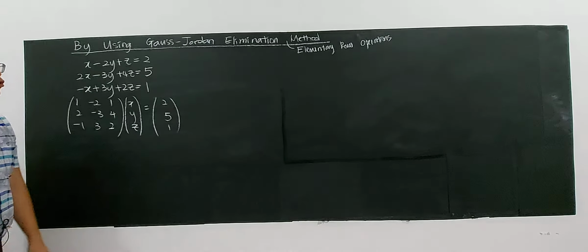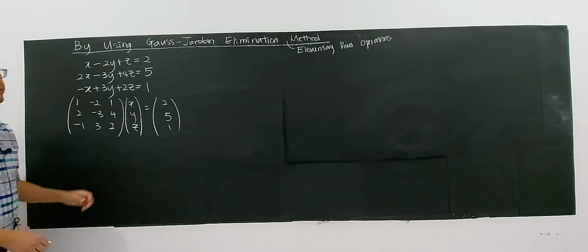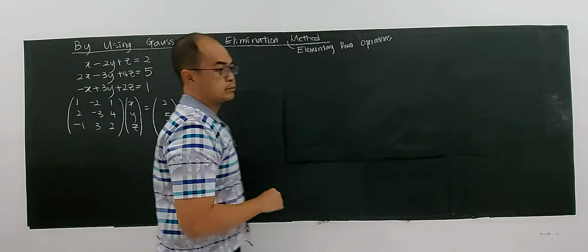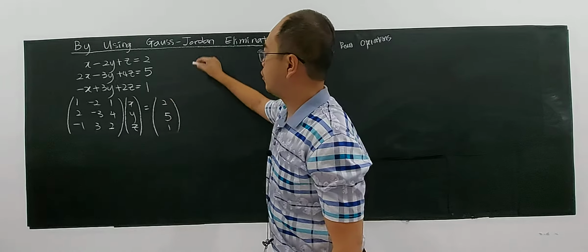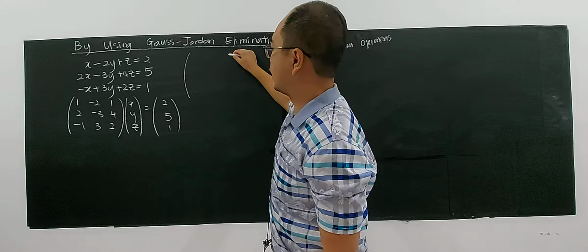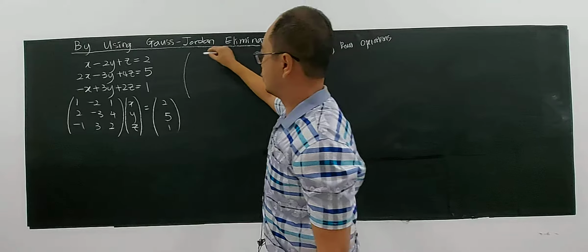In order for you to use the Gauss-Jordan elimination method, at first you have to write this in the form of an augmented matrix. But this is different from the one for finding the inverse.